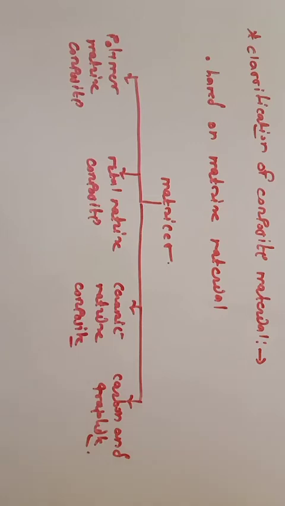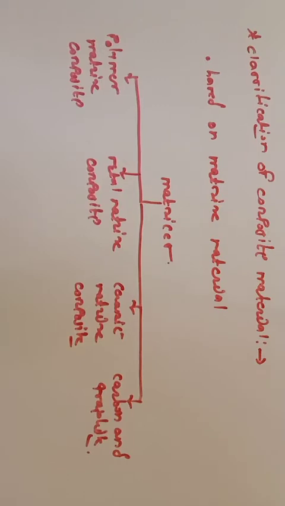Okay, so we know that a composite is a combination of matrix as well as reinforcement. Whenever a polymer is used as a matrix material, it is considered a polymer matrix composite. When metal or different alloys are used, it is considered a metal matrix composite.